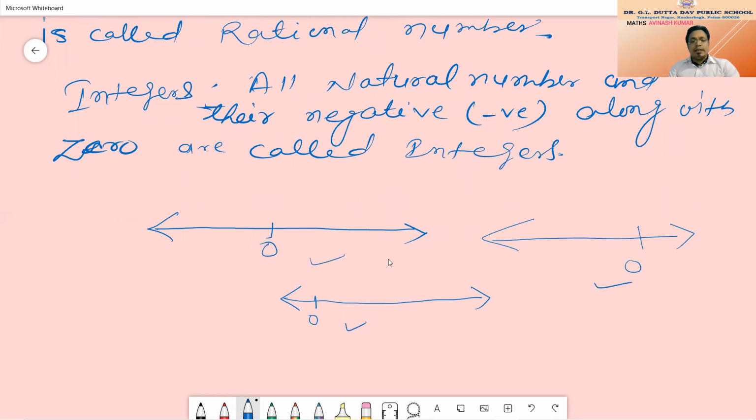So we will not say that we put 0 at the middle of a line. This is a wrong statement.